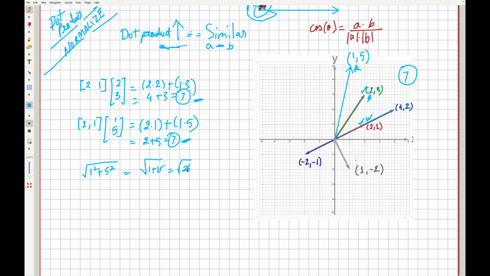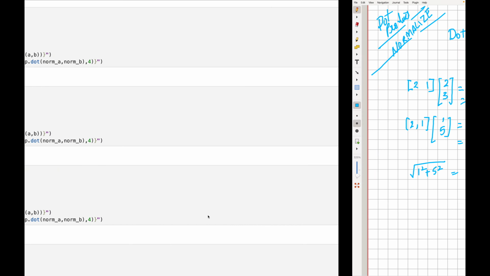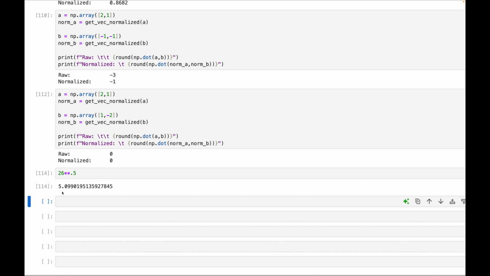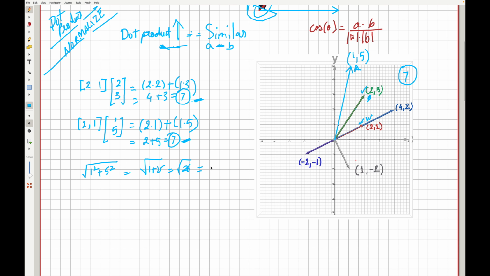So my mistake, 26 and not 25. If I calculate the square root of 26 on my calculator, this is 5.099, and 5.099 is the magnitude of this one.